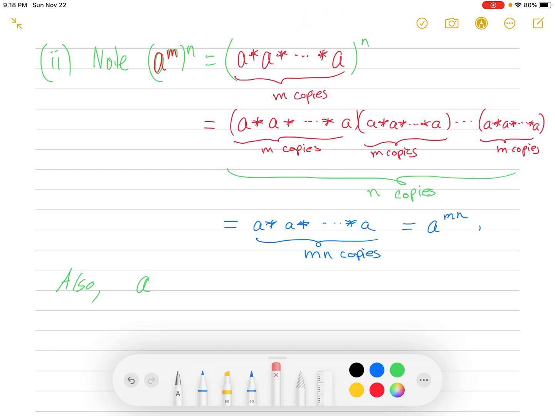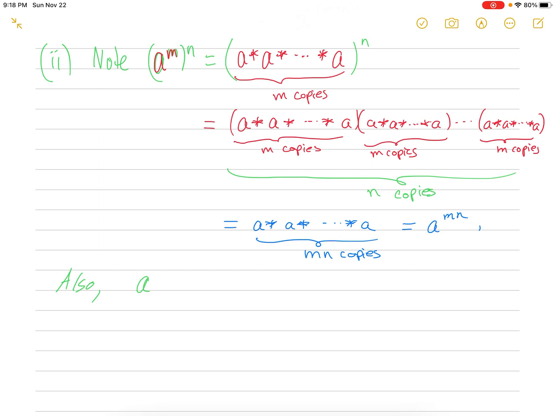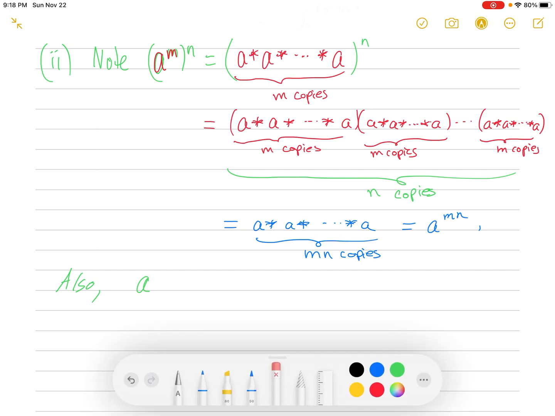Okay, let's look at a to the minus m to the minus n. So what does this mean exactly?